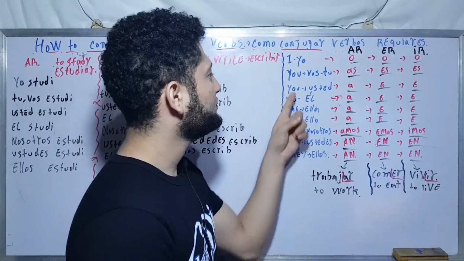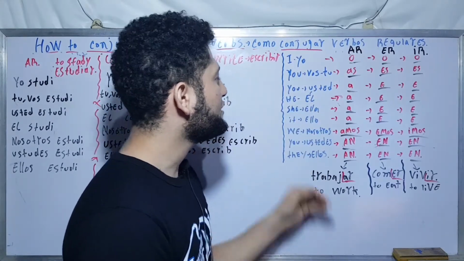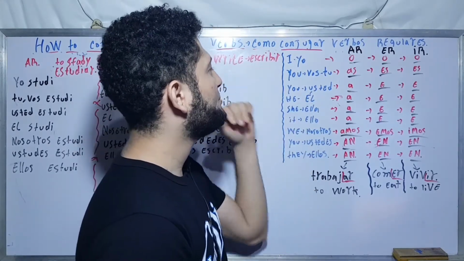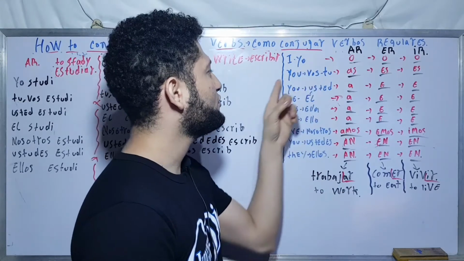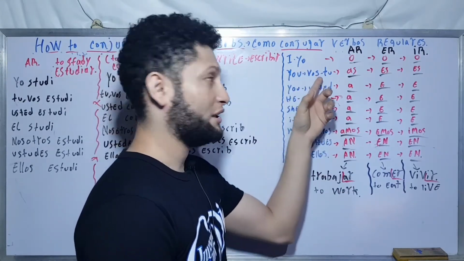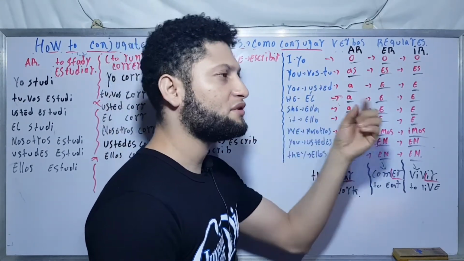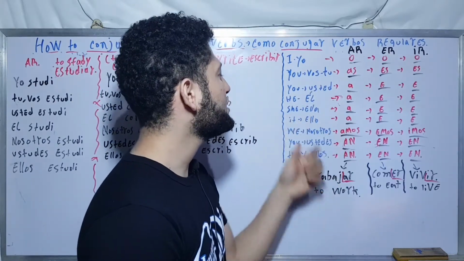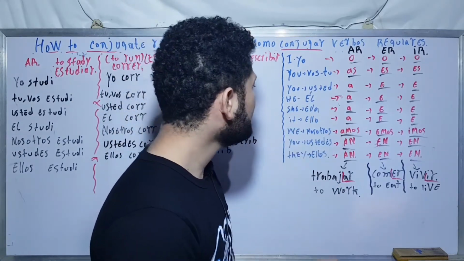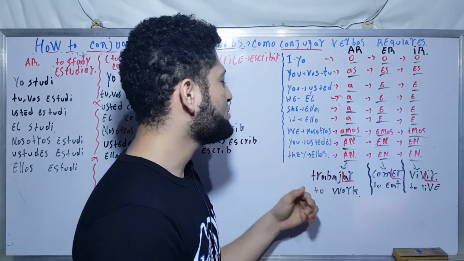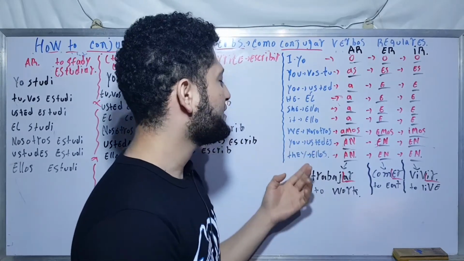In this part, guys, you can see the different personal pronouns: I, yo; you, vos or tú; you, usted for formal situations; he, she, it; we; you guys; and they.